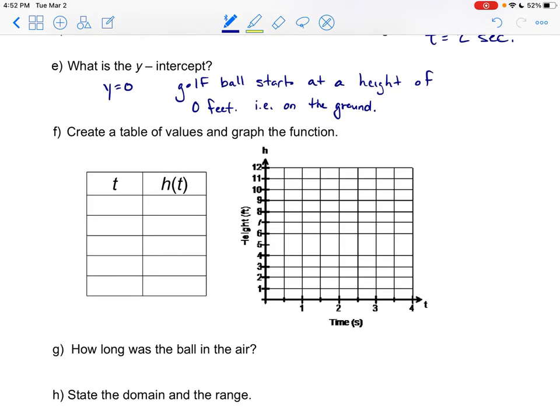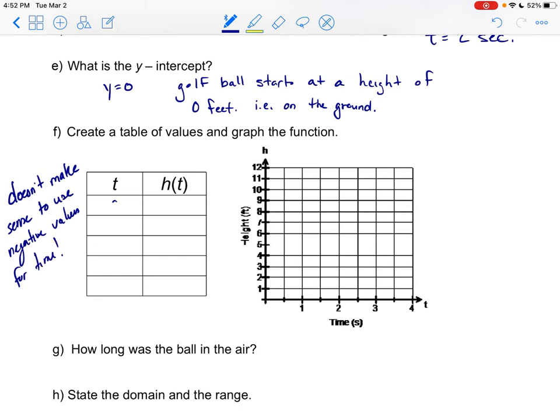We're not going to use any negative x points, where the x is time here. So we'll say it doesn't make sense to use negative values for time.